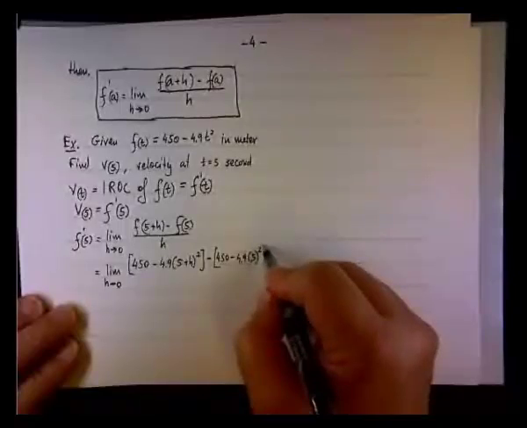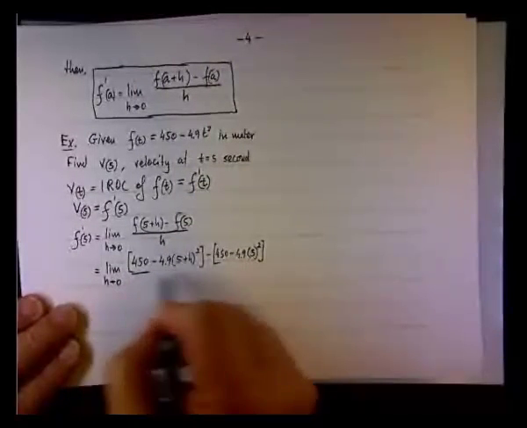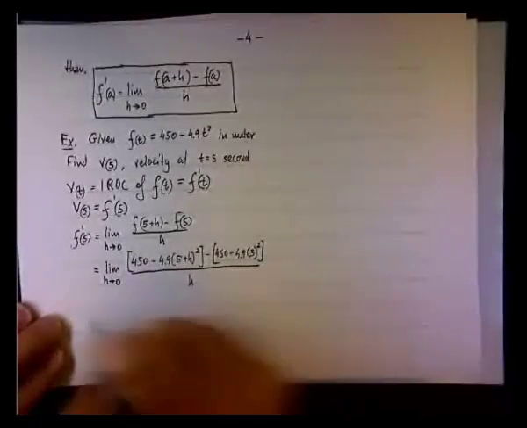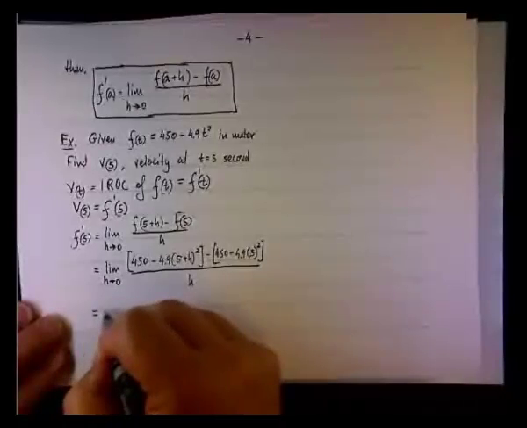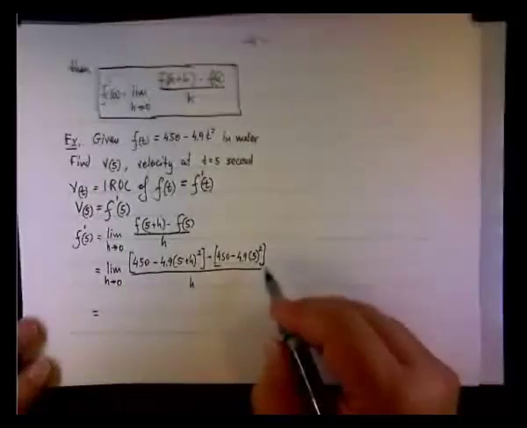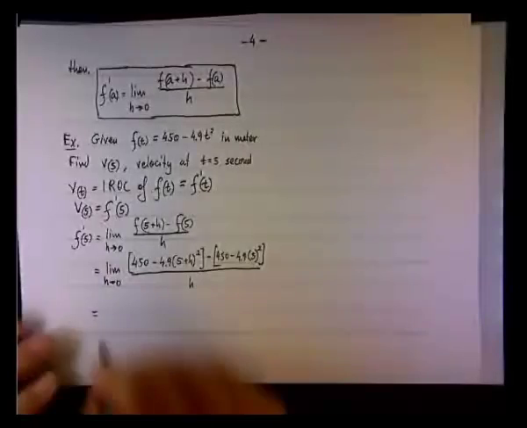Like so. And all of it is divided by h. Now, f of 5 is a number I could have calculated ahead of time, it's 450 minus 4.9 times 25. Actually, we'll have some simplification here.